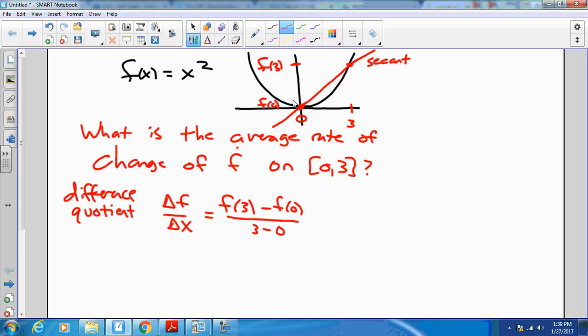So an average rate of change is a difference quotient. It is a slope of a secant line. And in fact, when I do this computation for this particular function on this particular interval, I get 3. Like so.